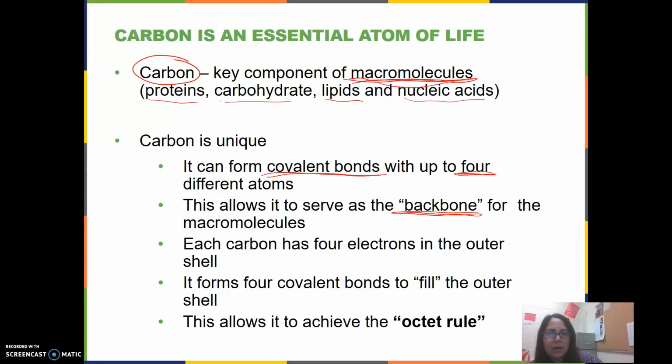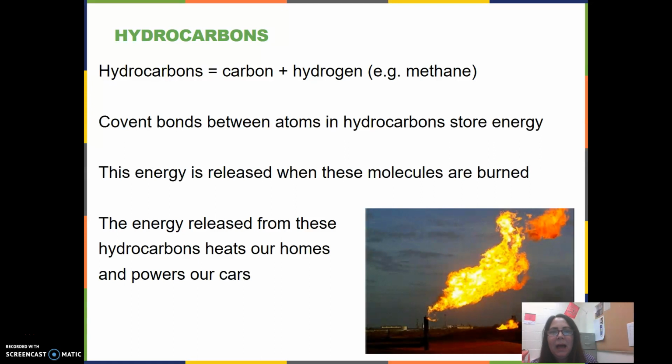Each carbon has 4 electrons in its valence shell, and that means it can gain 4 electrons or form 4 covalent bonds to achieve its stability, to achieve the octet rule. Hydrocarbons are found in many of these macromolecules, and they are exactly what the name sounds like.